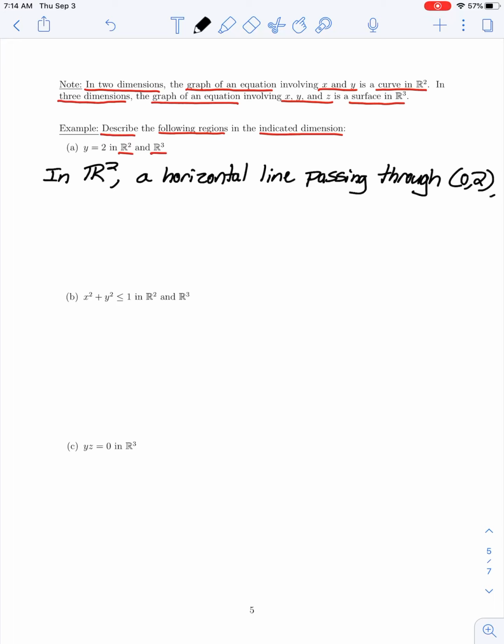In the xy plane, the equation y equals 2 means we have a constant value of 2 for y. So we would have this horizontal line passing through the point 0, 2.